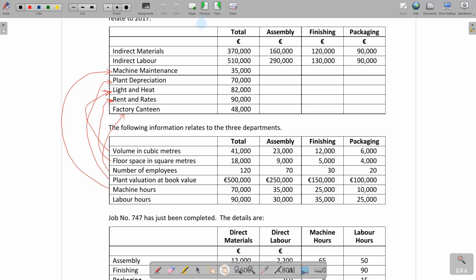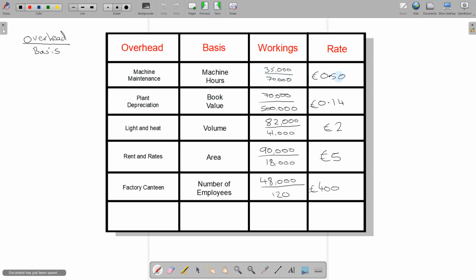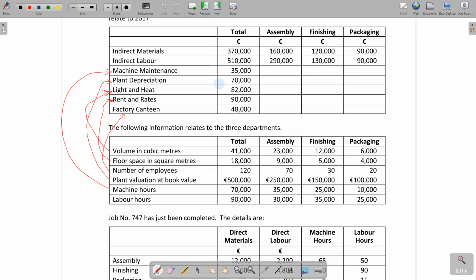So in the exam, you would just reproduce this table nice and quickly, but I'm just going to write them in here. So machine maintenance, we've broken that down into 50 cent an hour. And if we go down to the machine hours, it's 35,000 machine hours every year in assembly that we've budgeted.